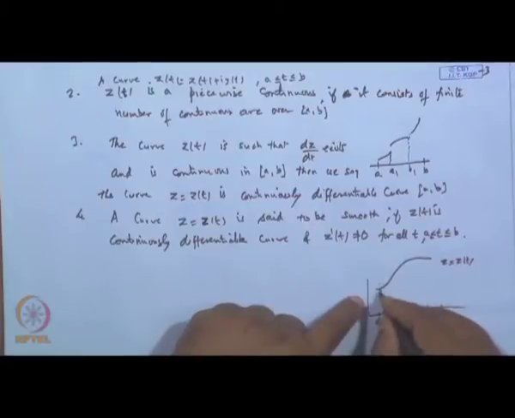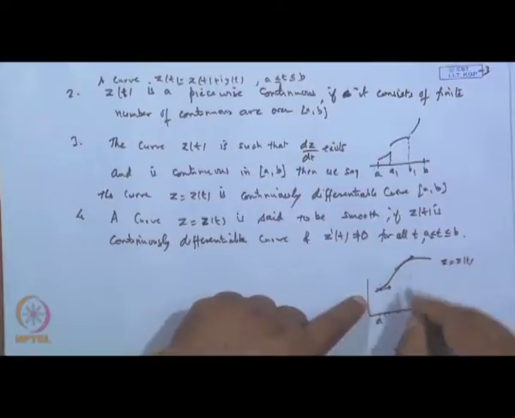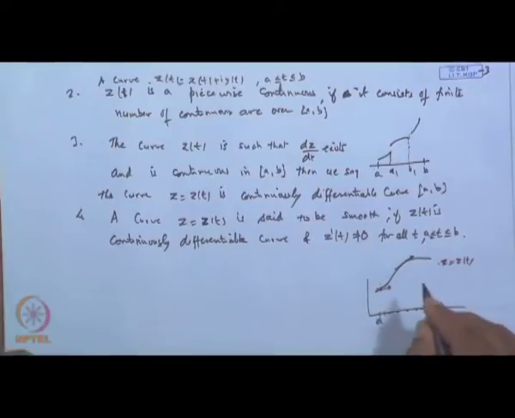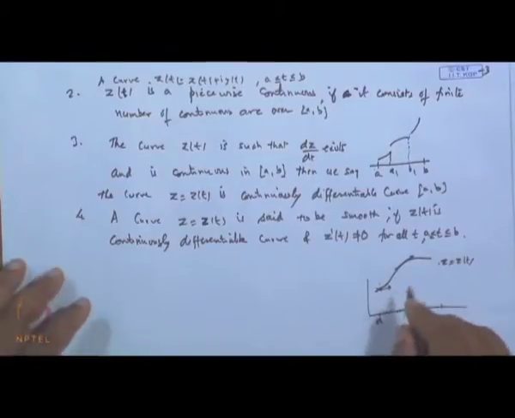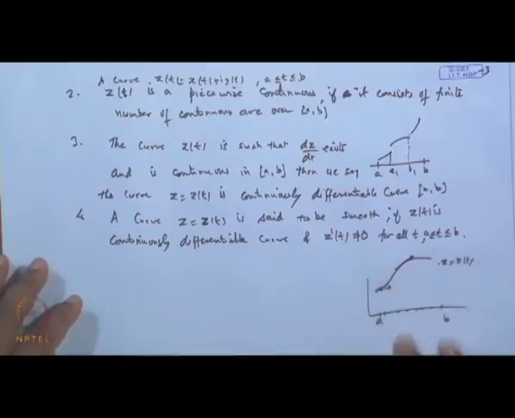So at each point we have a tangent, and that tangent keeps on changing its direction. So we have a turning tangent at each point from a to b. Such a curve is said to be a smooth curve when we have a turning tangent at each point on the curve.